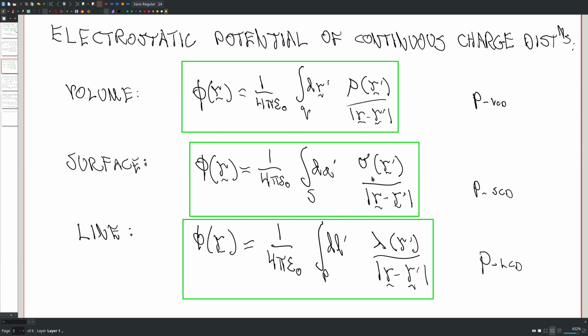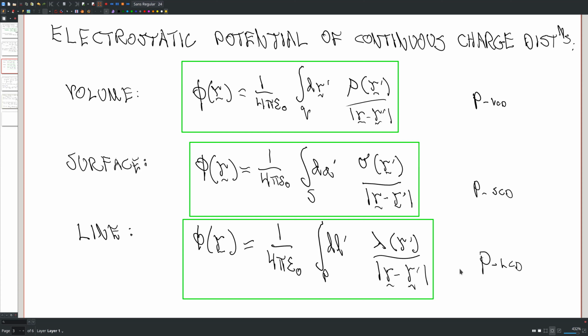And if you had a line charge, then you would just do the integral along this line. If you had an insulating cable carrying charge, you would just do an integral like this. It's always the same idea. Just charge divided by distance, and you sum over all the charges, and then you get your potential. Okay?